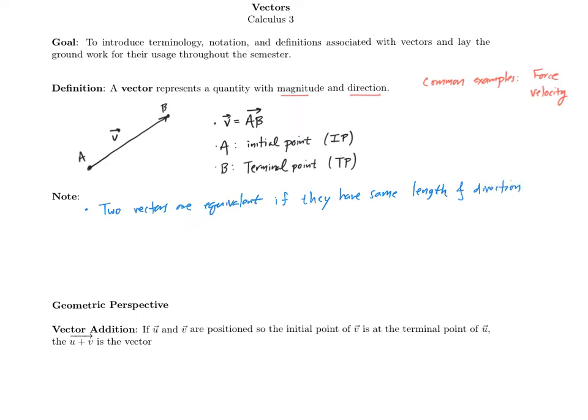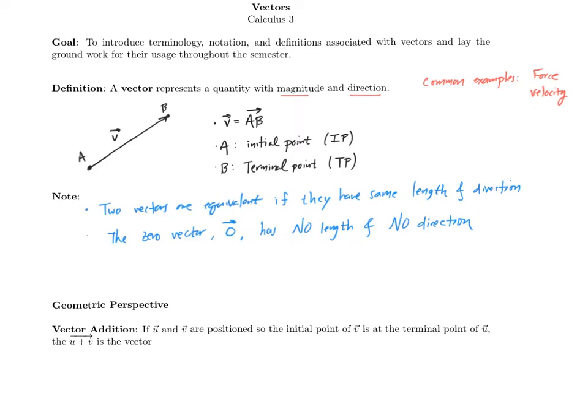I'll also note, to add on to this, there is only one vector that has no length or no direction, and that would be the zero vector. So the zero vector is kind of an outlier for us. We denote it as 0 with a vector over it. It has no length, and it has no direction.